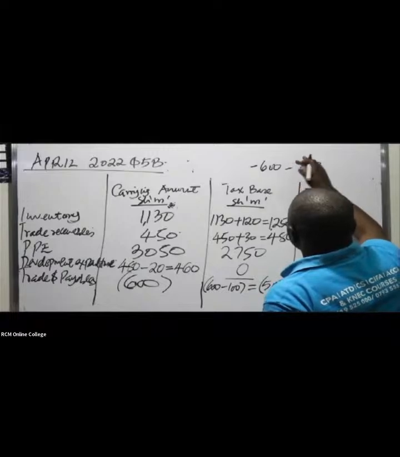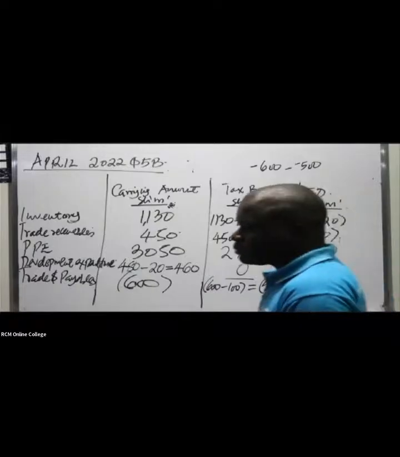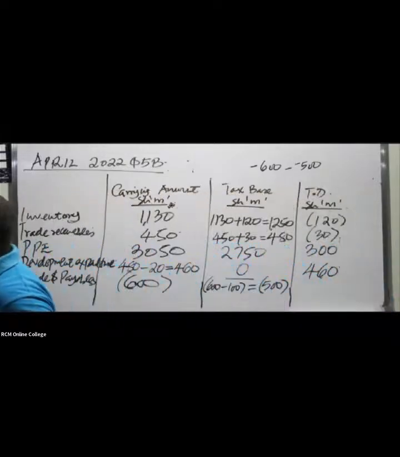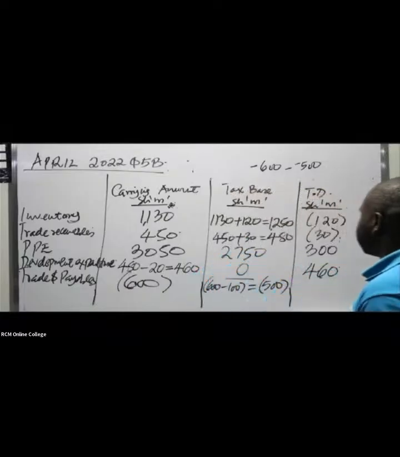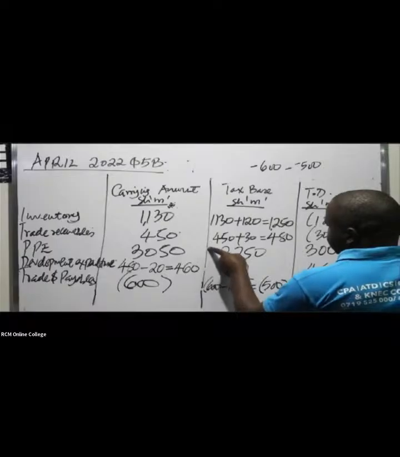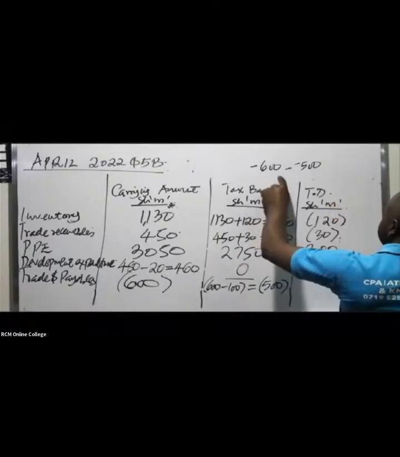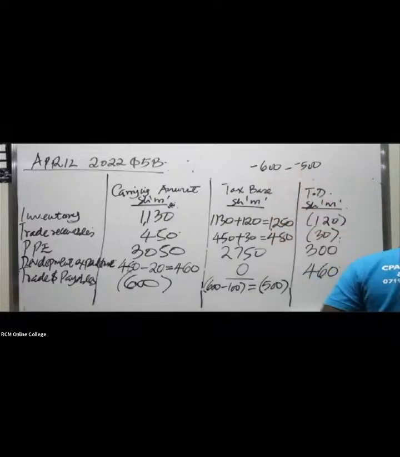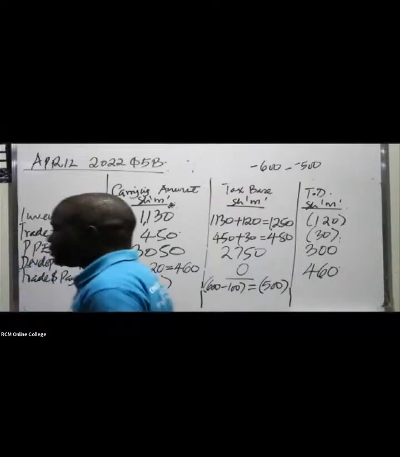So what do you get when you take that? Negative 600. There are two minuses, because there is the minus in between here, but now there's the minus on the figure also. You take negative 600 minus 500. You get negative 100. So that is very correct.